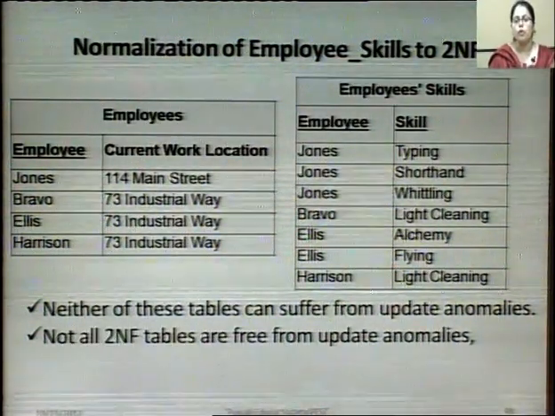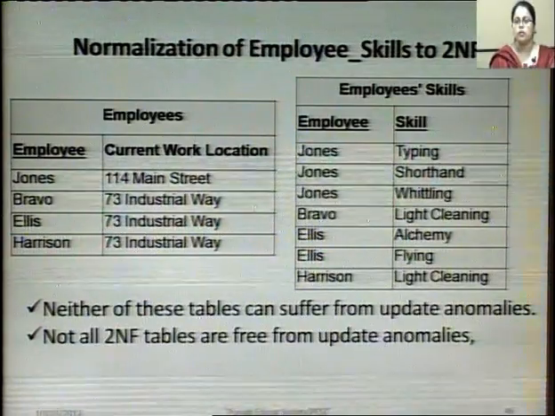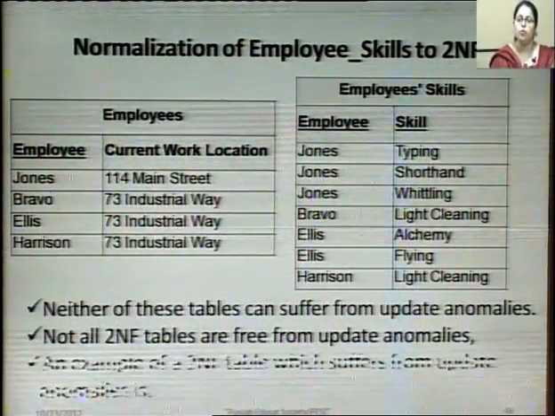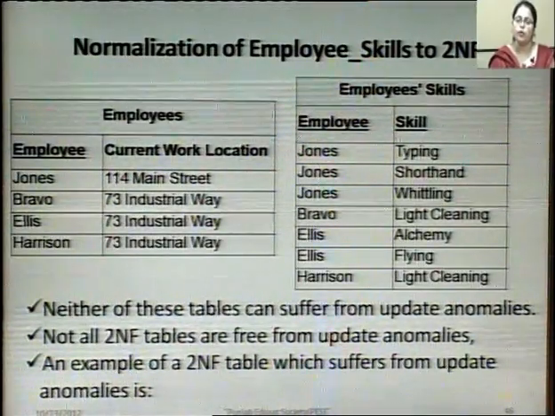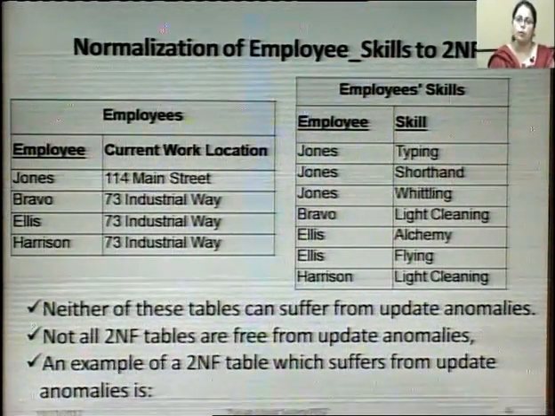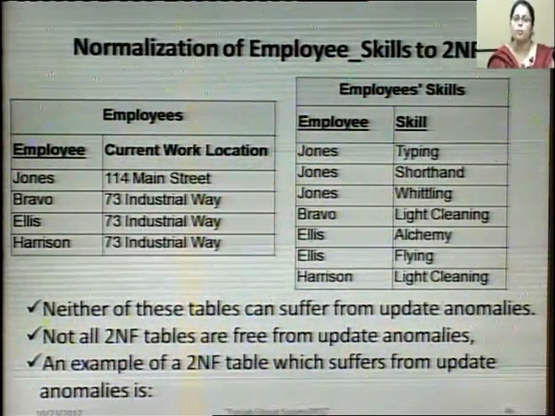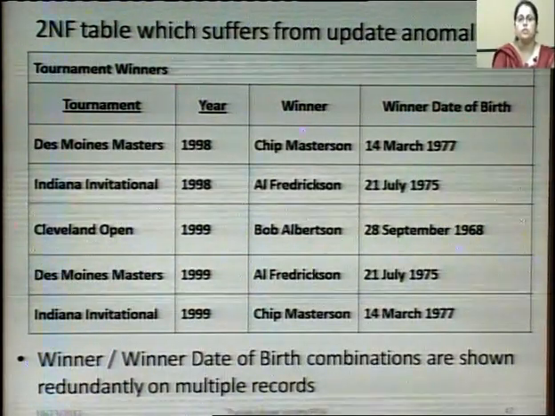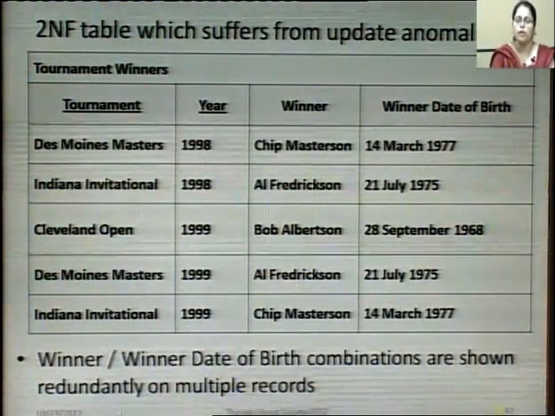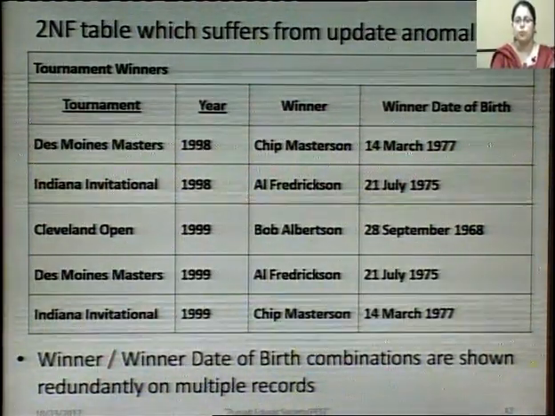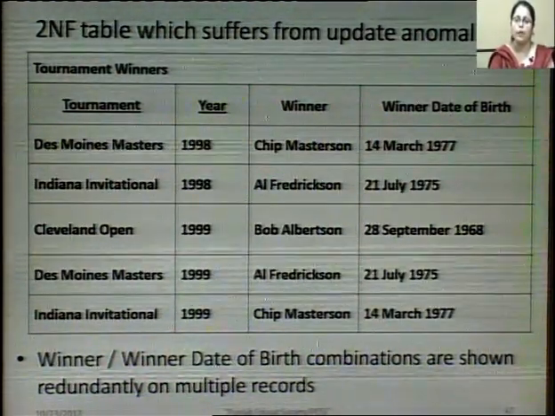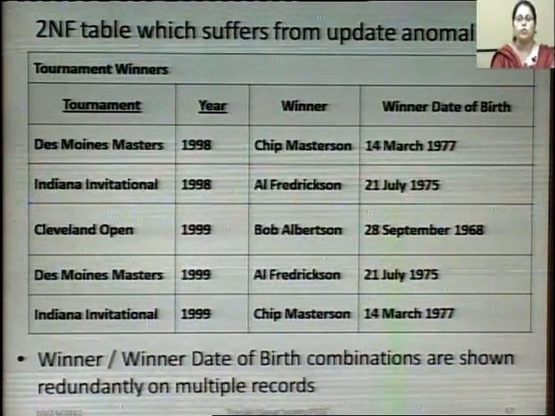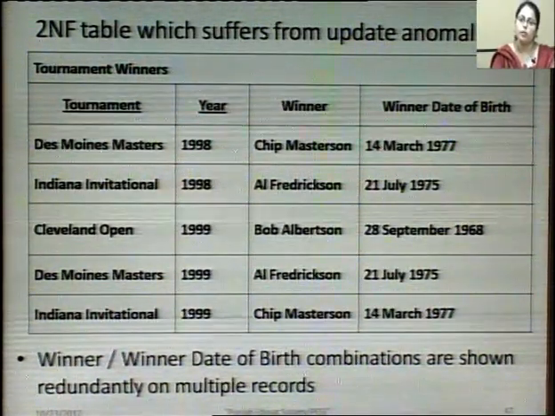But not all second normalized tables are free from update anomalies. Here we can see an example of a table which is in second normal form but still suffers from update anomalies. Consider this relation, tournament winners, that has tournament and year as its primary key, and winner and date of birth of the winner as the non-prime attributes.